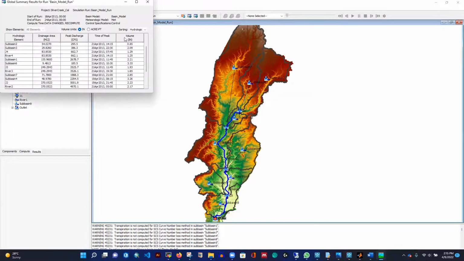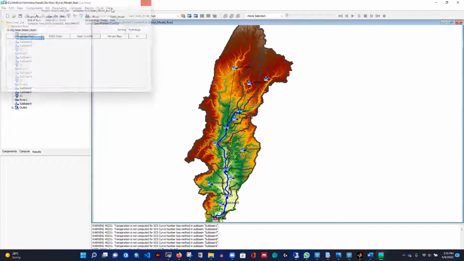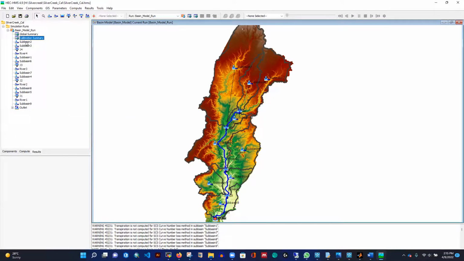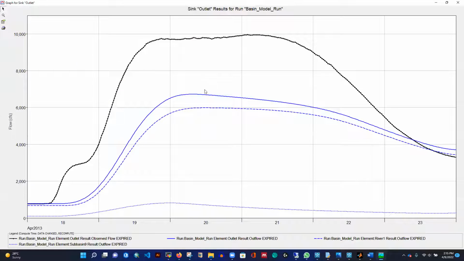So we have the global summary here, and then we can see the outlet, because we don't have anything for other sub-basins, so we can see the plot. So you can see this blue line. This line is basically the accumulation of all of this watershed, right? All the flows coming from the upstream watershed and sub-basins.